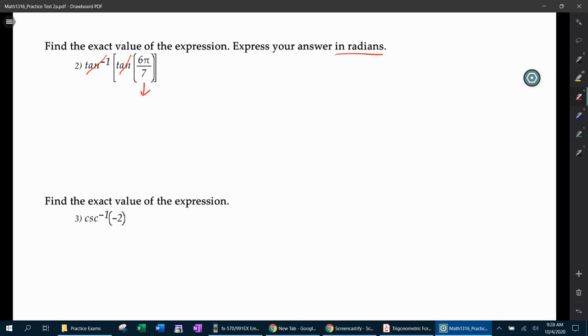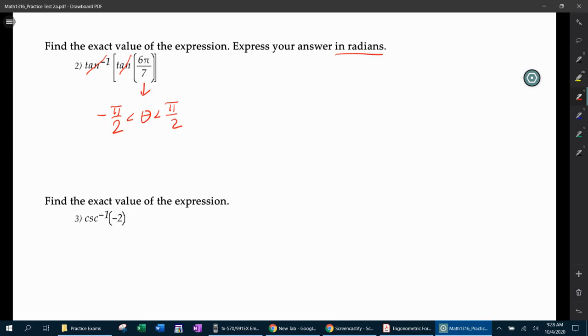So again, for inverse tangent, the range of values are also negative pi over 2 to pi over 2, and 6 pi over 7 is not between those two values.